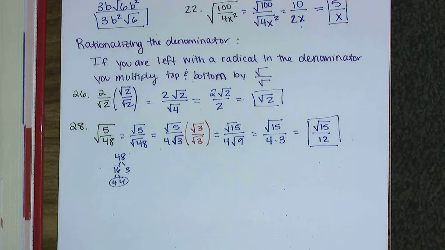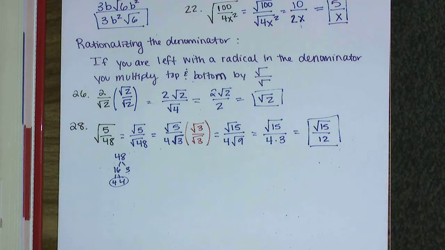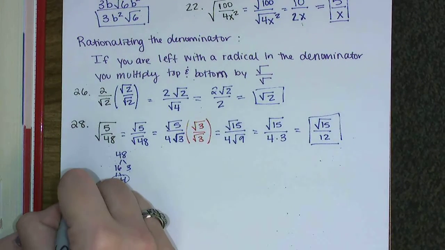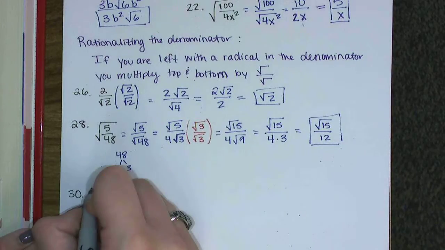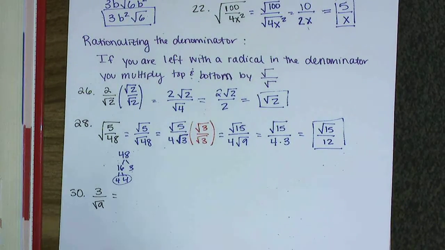Alright, and then, well, I guess we'll go ahead and do 2 more. 33, 3 over the square root of a. Okay, in this case, what we need to do, I shouldn't have written that equal sign, we'll just rewrite it. 3 over the square root of a, I've got to get rid of this radical on the bottom.